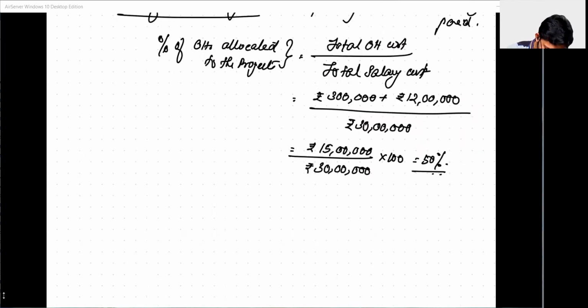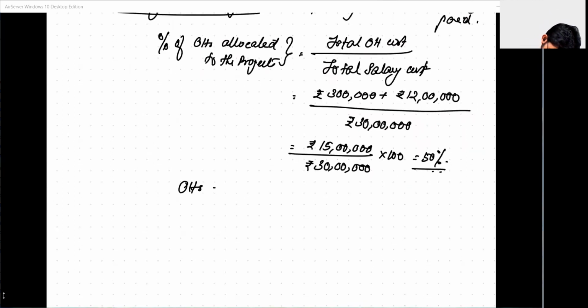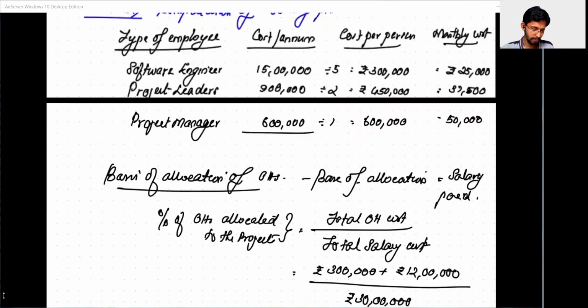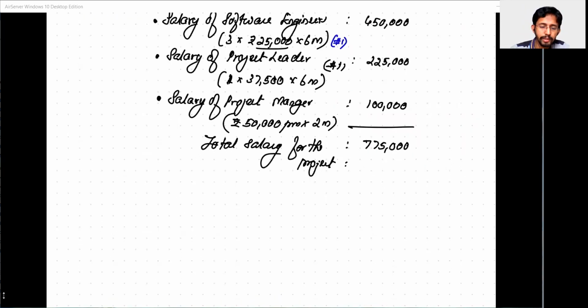So what does it mean? Overheads are allocated at 50% of total salary cost. So salary cost 7,75,000.